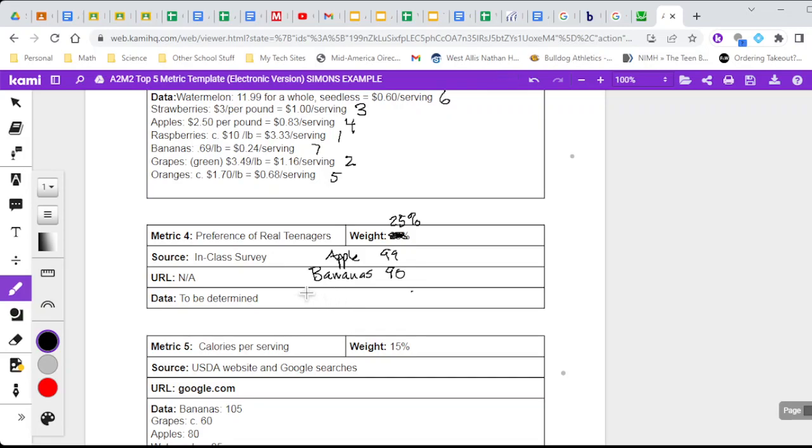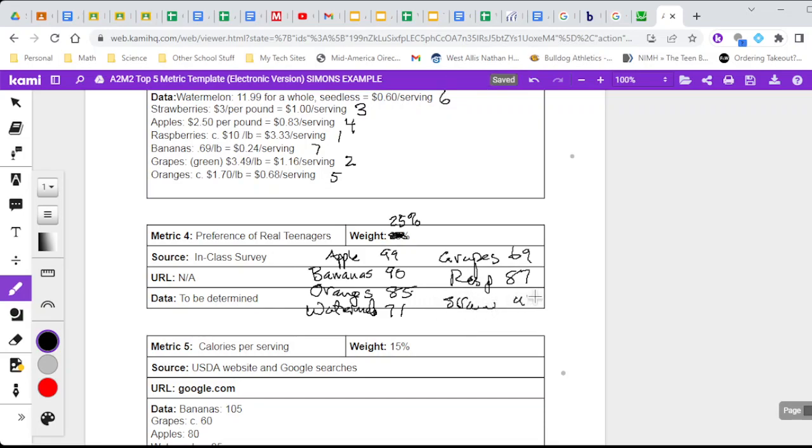They're going to be the ones that are the most preferred, right? So orange is 85. Let's see, this next one's 71, and that's watermelon. All right, watermelon. And then we have grapes at 69, and raspberries at 87, and then strawberries at 43.